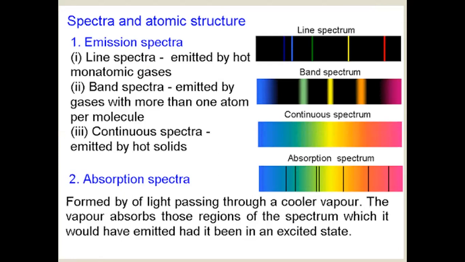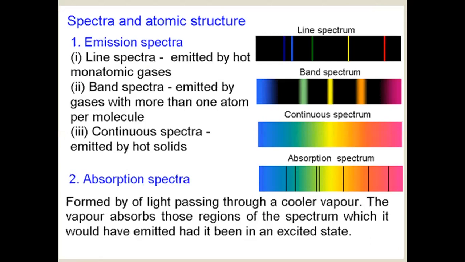Similarly, like I said before, absorption spectrum is when you let your light pass through a medium and it gets absorbed. For example, you have a white light, you keep a green colored transparent paper, and then you look at the light. When you look at the light, what do you see?